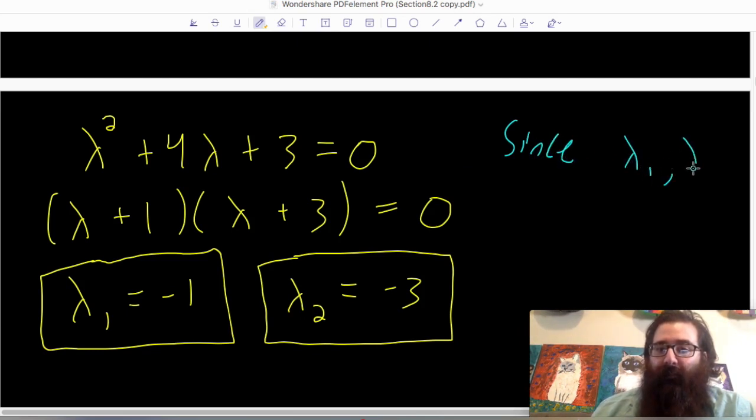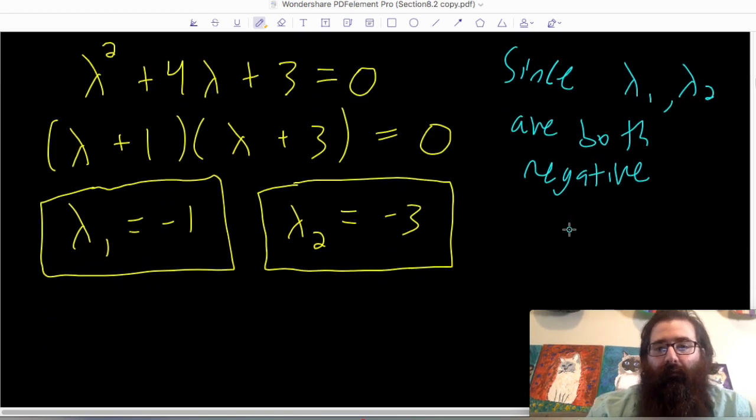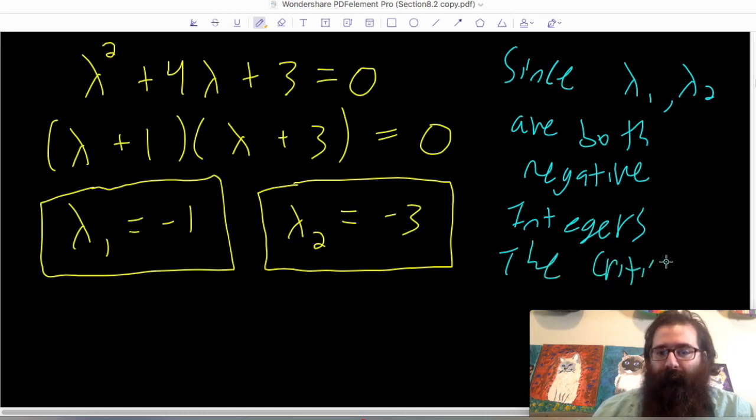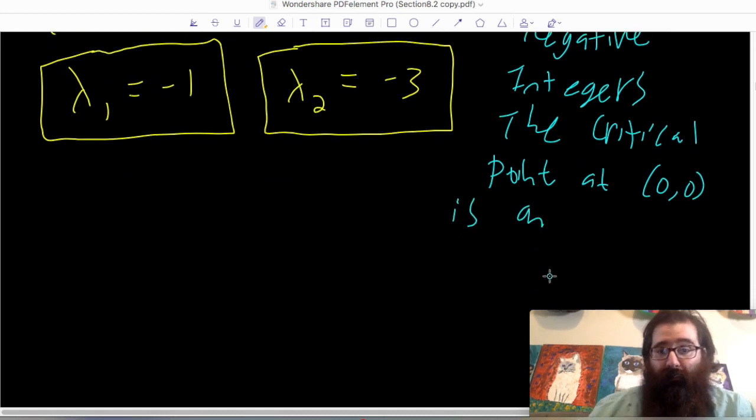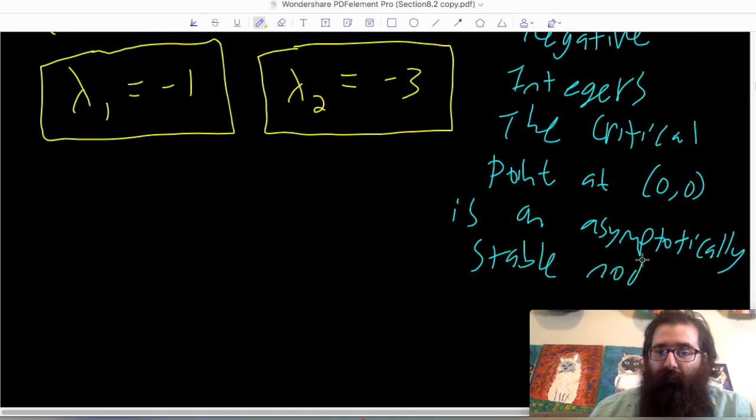Since lambda sub 1 and lambda sub 2 are both negative, we could say a little better, both negative integers, this means the critical point at 0, 0 is an asymptotically stable node.